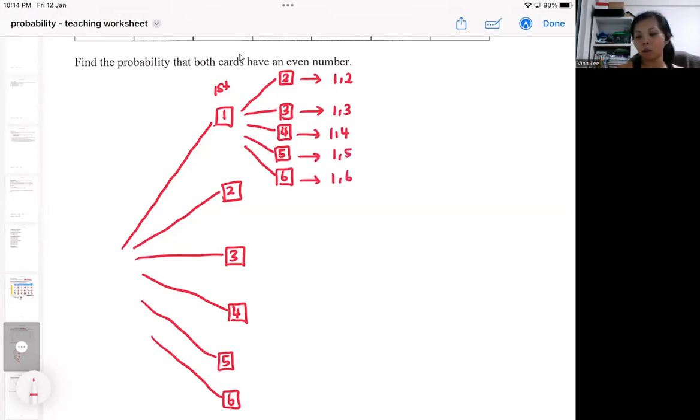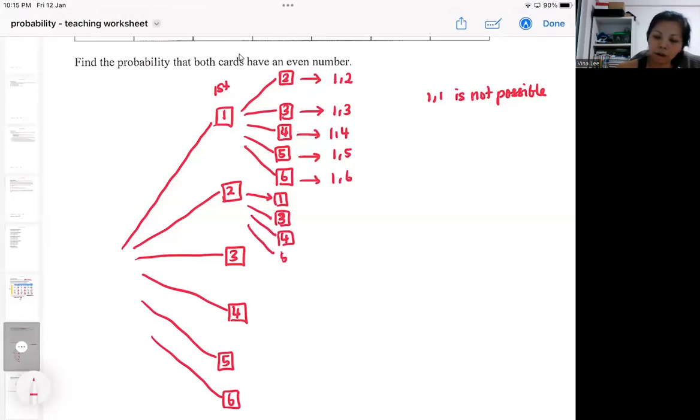You realize that 1, 1 is not possible, because the number 1 card that has been taken out is not going to be put back. If I go to the second one, the number 2 is taken, so I'll be left with 1, 3, 4, 5, 6.